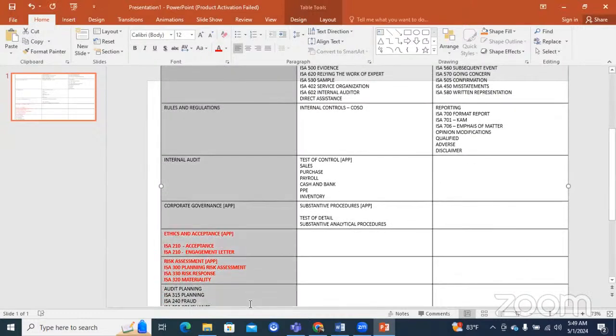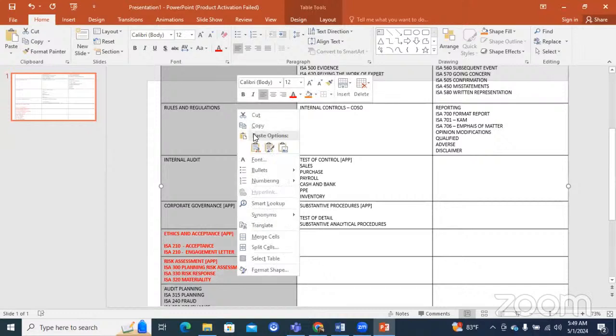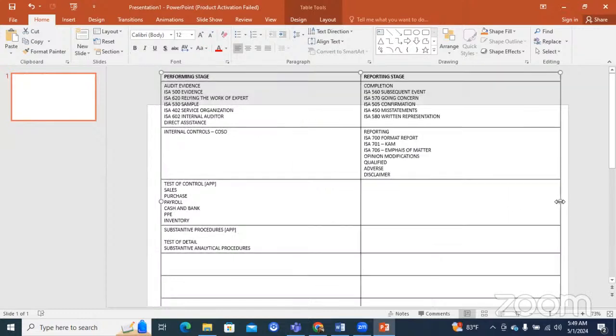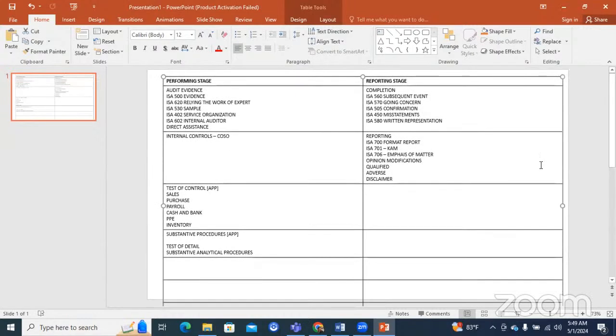This is your syllabus. Right. This is your syllabus: performing stage and reporting stage. Planning stage, I'll put it separate.